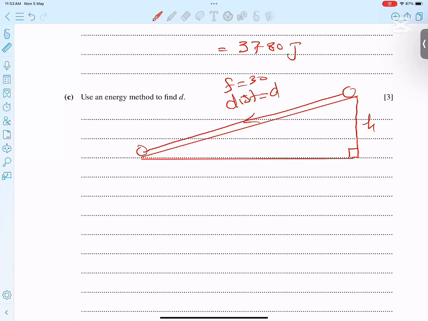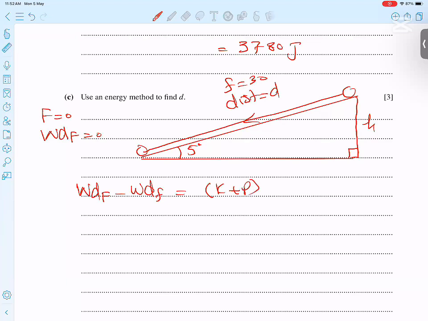There's a height, and there's a 5-degree angle. I think the data is okay. And we use this kind of magical formula. Make sure the applied force is 0 because of freewheeling, so the work done by the applied force is also 0. So the formula: work done by applied force, work done by frictional force, kinetic energy plus potential energy at the end. The end is what? B for bottom, T for top.